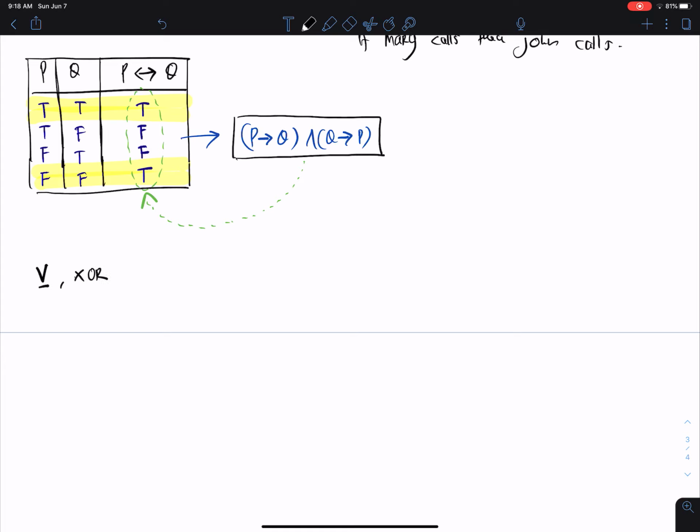So as mentioned, XOR is either true or false, but cannot be both here. Cannot be both true, cannot be both false. So either one must be true. So it cannot be both true or both false. That is XOR.